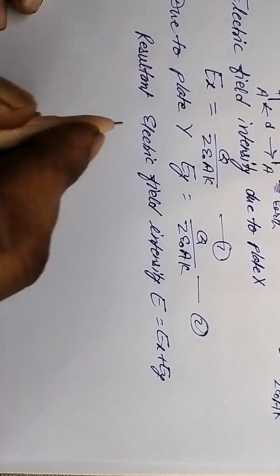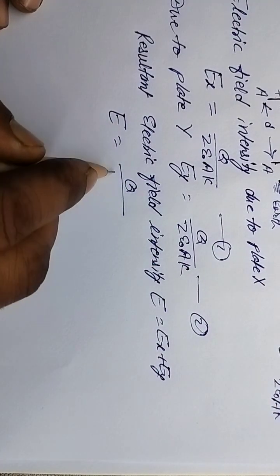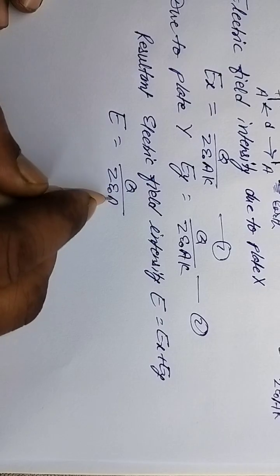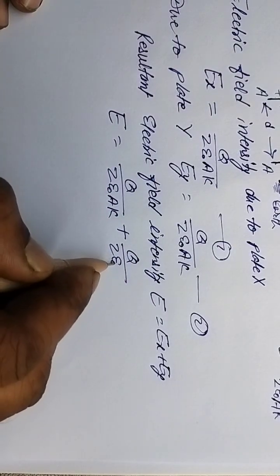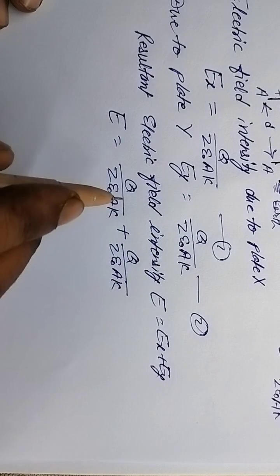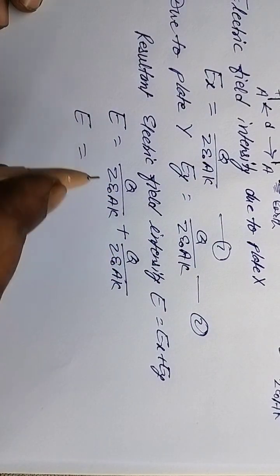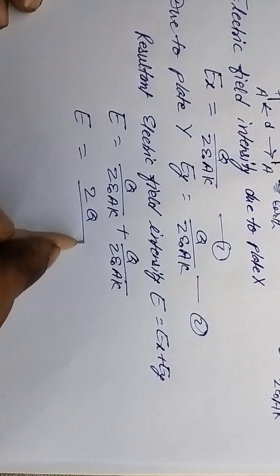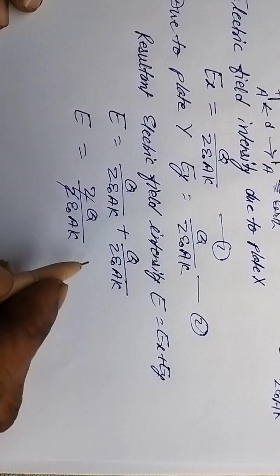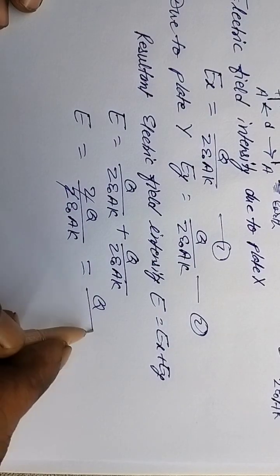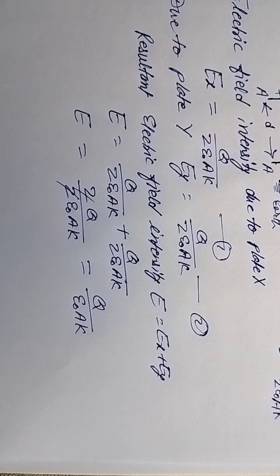We get E is equal to Q upon 2 epsilon 0 A K plus Q upon 2 epsilon 0 A K. Look, both are the same, so it will be twice Q upon 2 epsilon 0 A K. The 2 cancels, finally we get Q upon epsilon 0 A K, right?